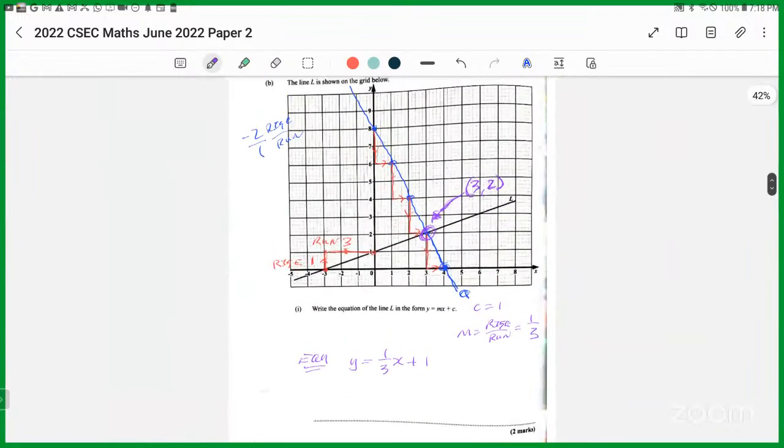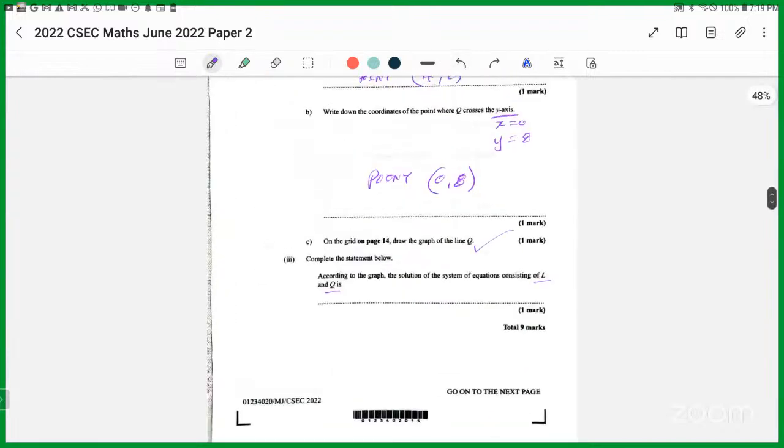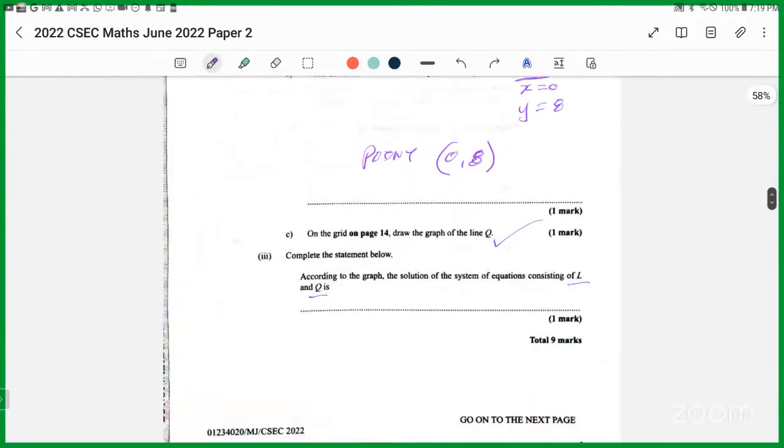So we solve these 2 equations simultaneously, line L and line Q. We're going to get this point, these values, (3, 2). So x equals 3, y equals 2. Or you could put (3, 2). That's what they mean. That is it.